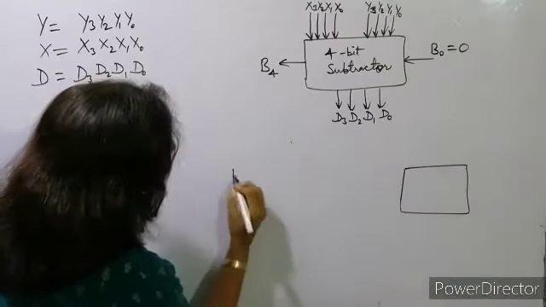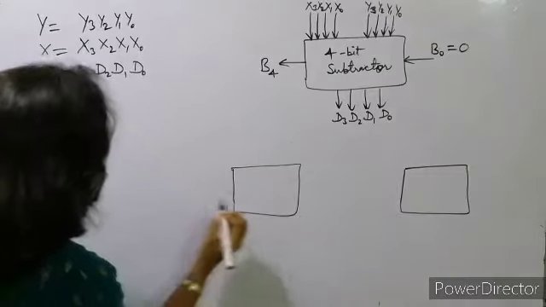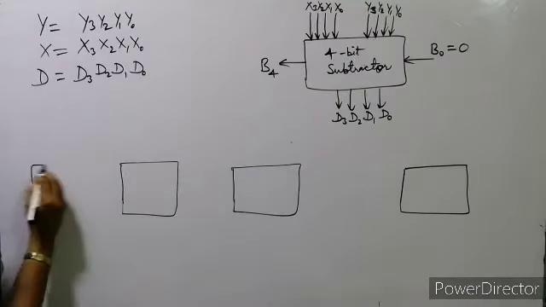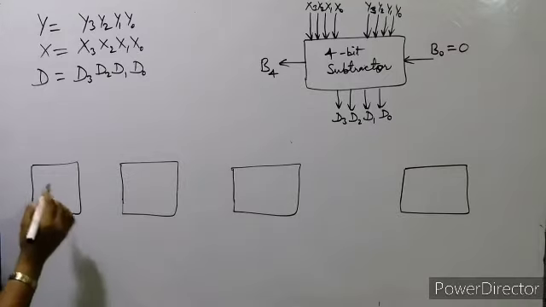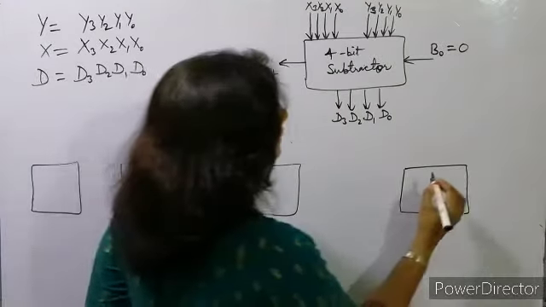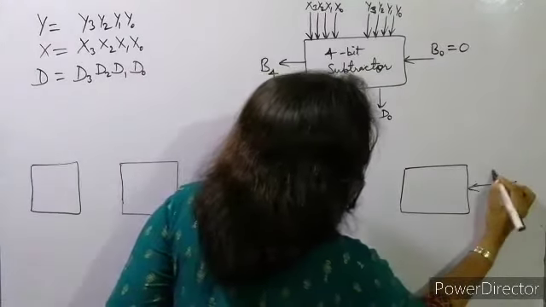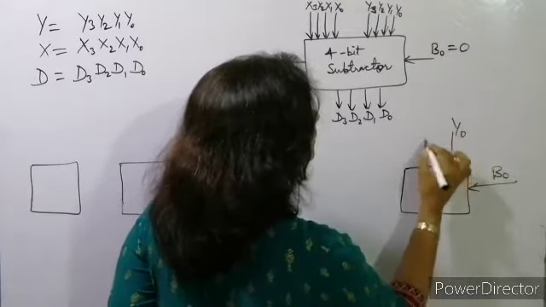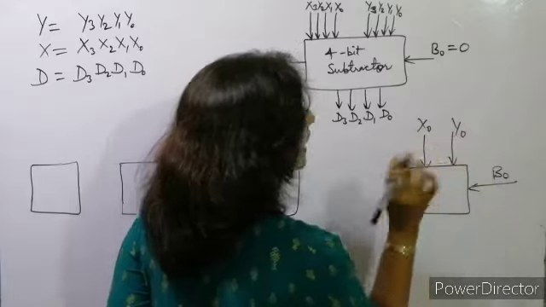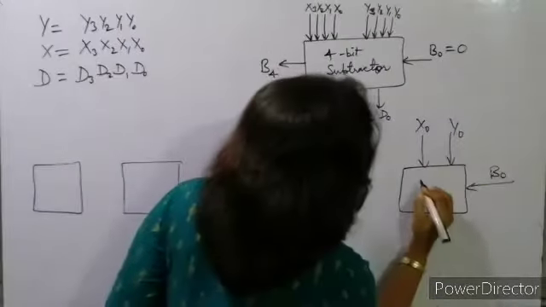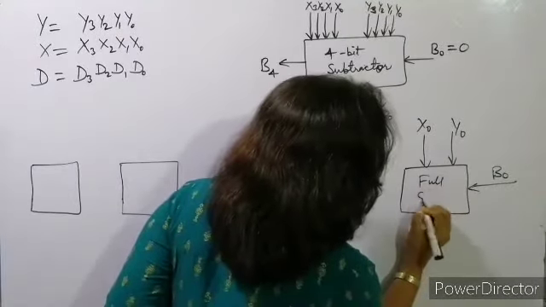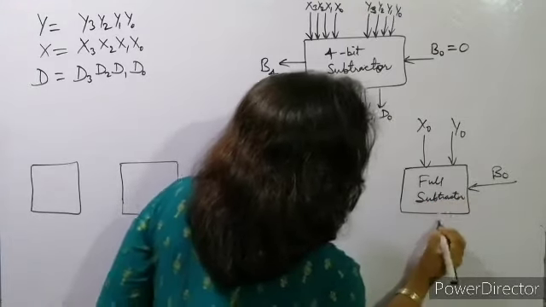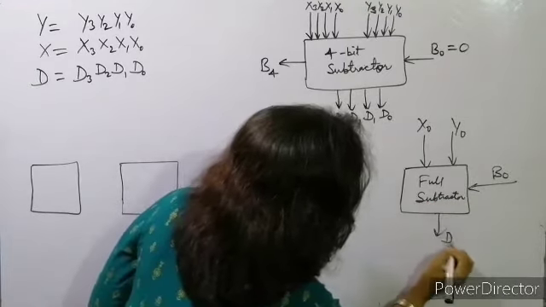Okay, 4 subtractors, 4 full subtractors we'll take, and then first of all we'll take this, b0 is coming here, b0, now y0, x0. Okay, we are talking about a full subtractor, this is one full subtractor, and the output will be d0.